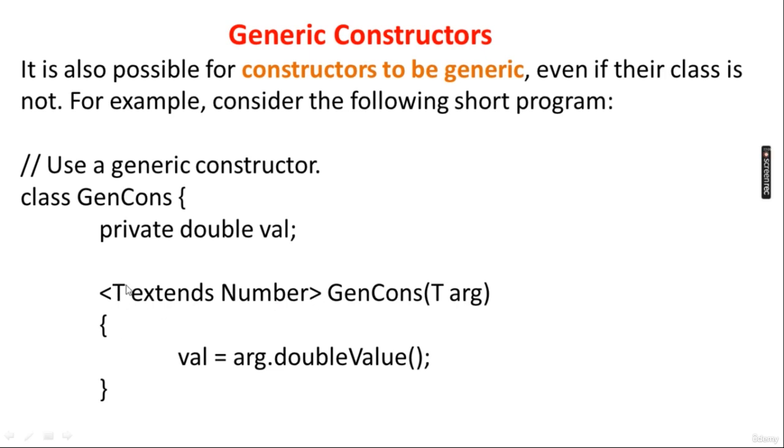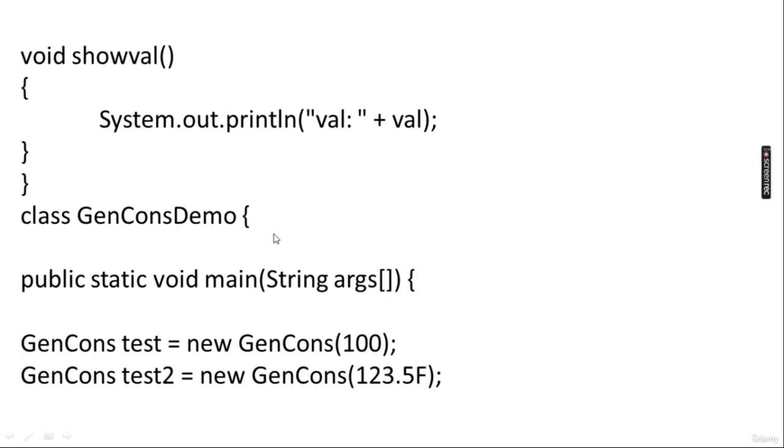So whatever T will be there, it will extend the upper bound Number, and the argument parameter is also of type T. value = argument.doubleValue(). So whatever argument will be passed over here, it will be converted to double, and this will be written in the value variable, and value is declared as private double value.